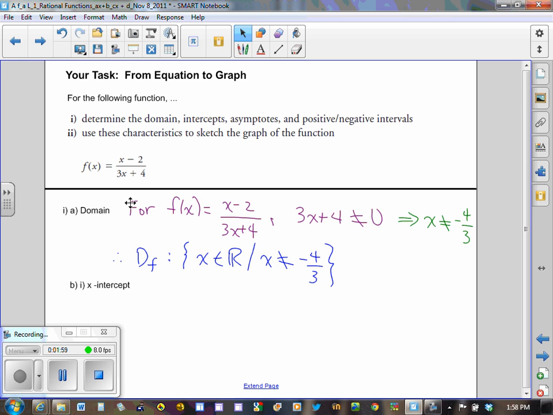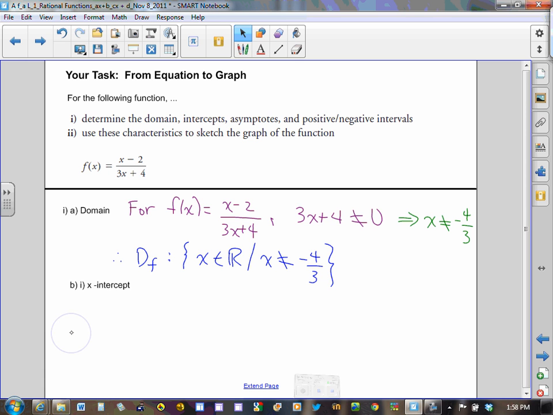So next we'll deal with the x-intercept. For the x-intercept, recall that the 0 is determined from the numerator of the function.